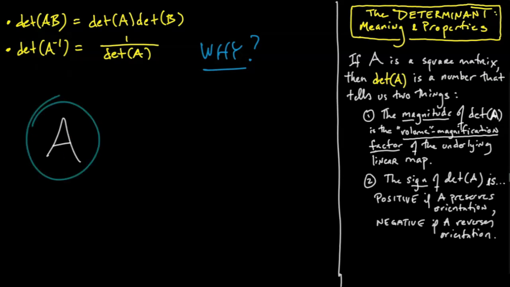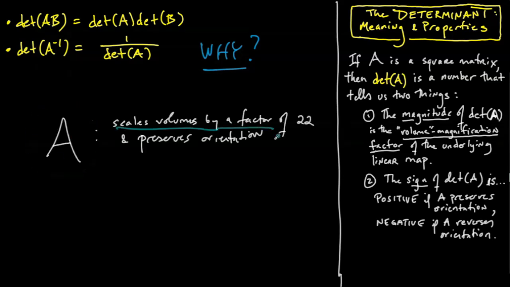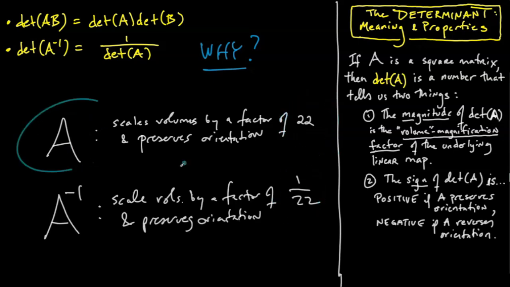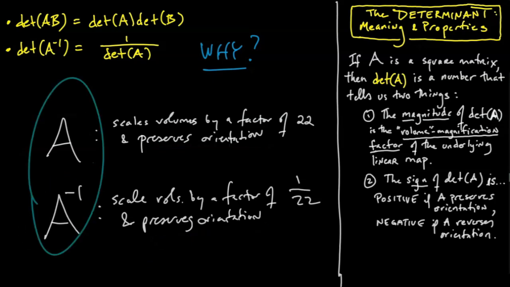So if we have some square matrix A that scales volumes by a factor of 22 and it preserves orientation, well, then if A inverse is going to undo that map, obviously it must scale volumes by a factor of 1/22 to bring the things that had been scaled up by a factor of 22 back down to where they were originally.